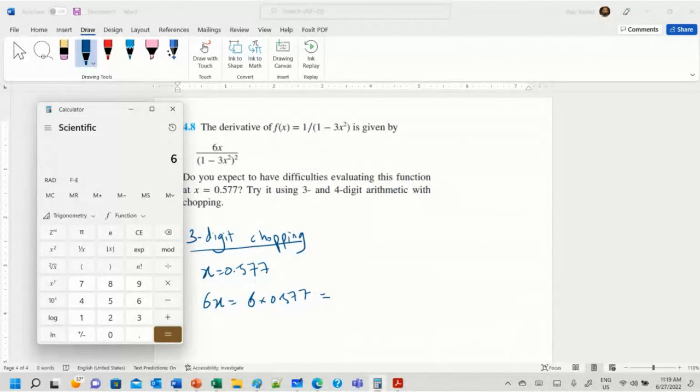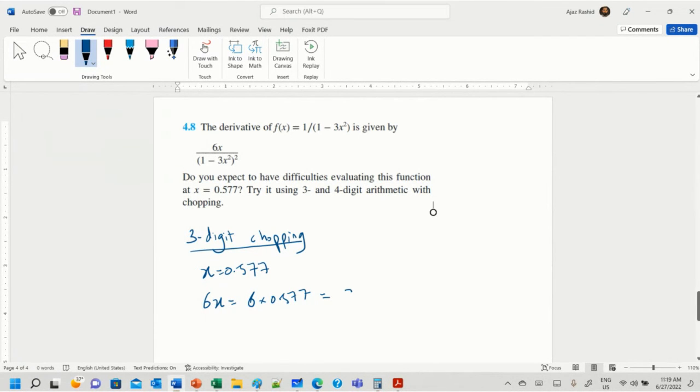So that's 3.462. Once you chop after 3 significant figures, this goes and this becomes 3.46.